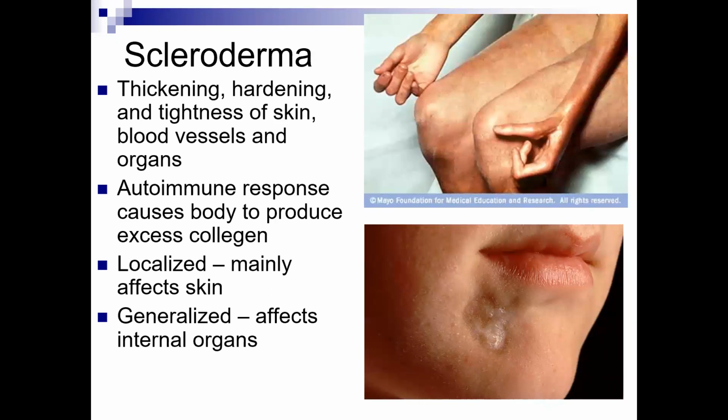So if all of a sudden your lungs are having all of this excess collagen formed around them, it's going to make them hard. And we want our lungs to be nice and bouncy and fluid so that they're able to push air out. And instead now they're hard, which makes it one of the most deadly autoimmune disorders.